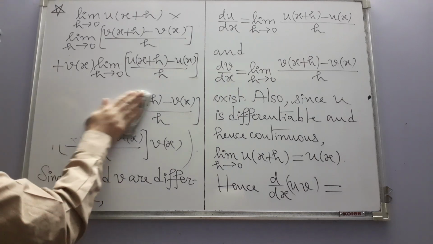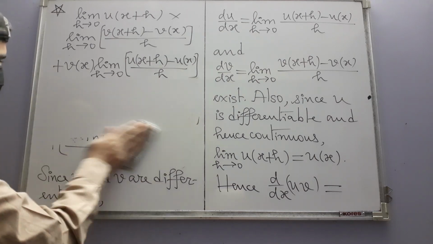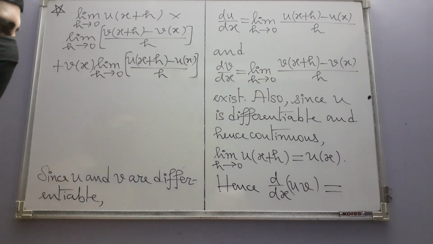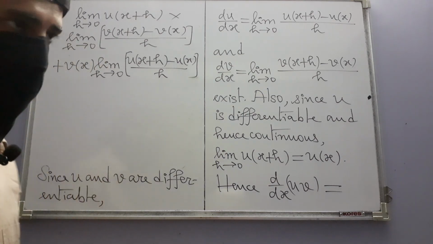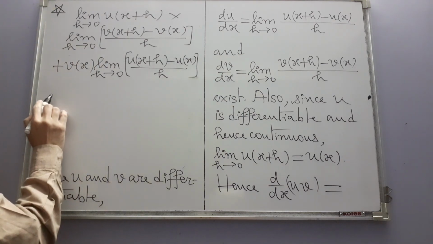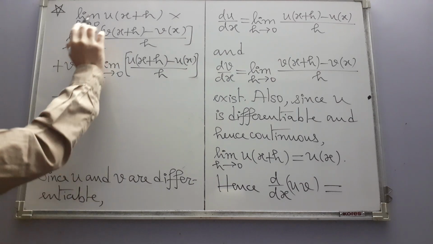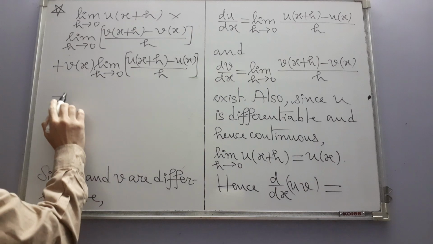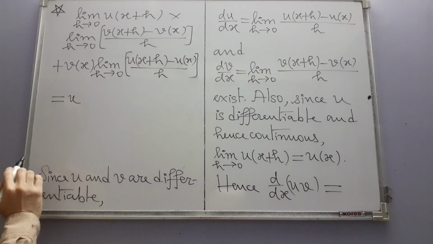So now if you see what you have got here, if you write now the values of these limits, this one is u of x. U of x means I can just simply write u.